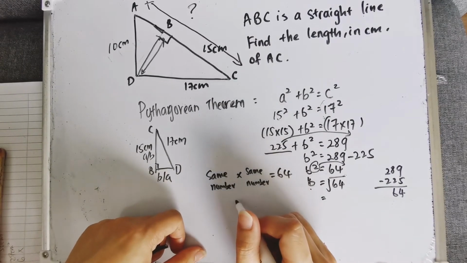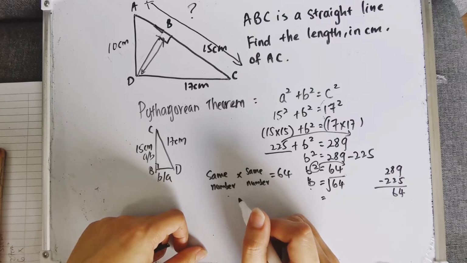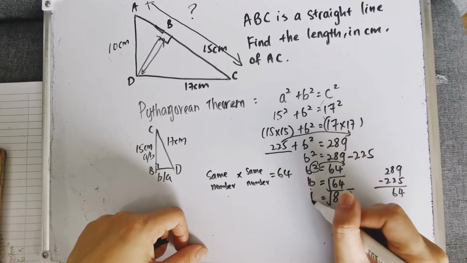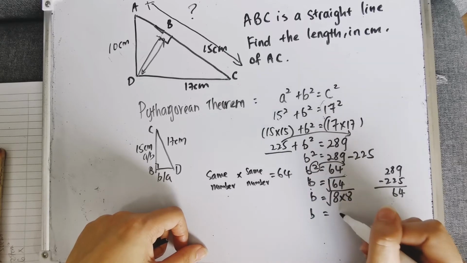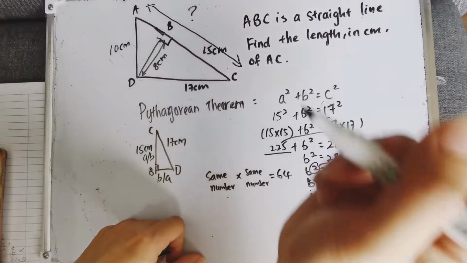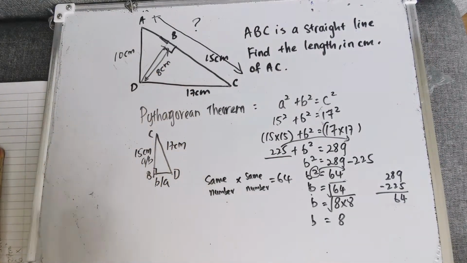So 2 times 2 is 4, 3 times 3 is 9, 4 times 4 is 16, 5 times 5 is 25, 6 times 6 is 36, 7 times 7 is 49, 8 times 8 is 64. So your answer is 8. Therefore, this is 8 cm. So we found here this is 8 cm.